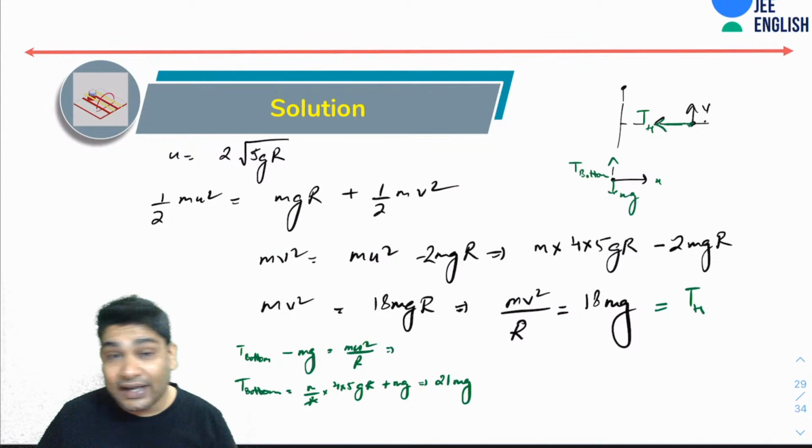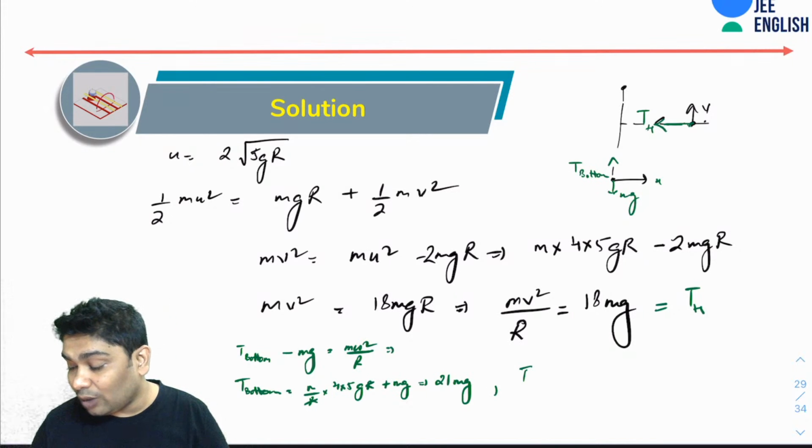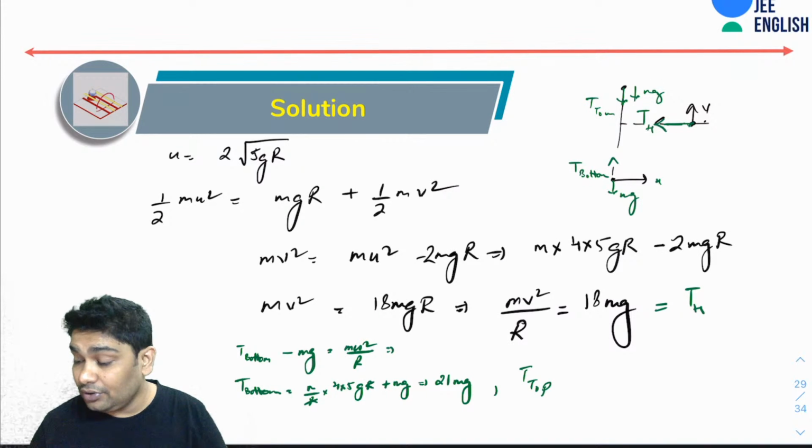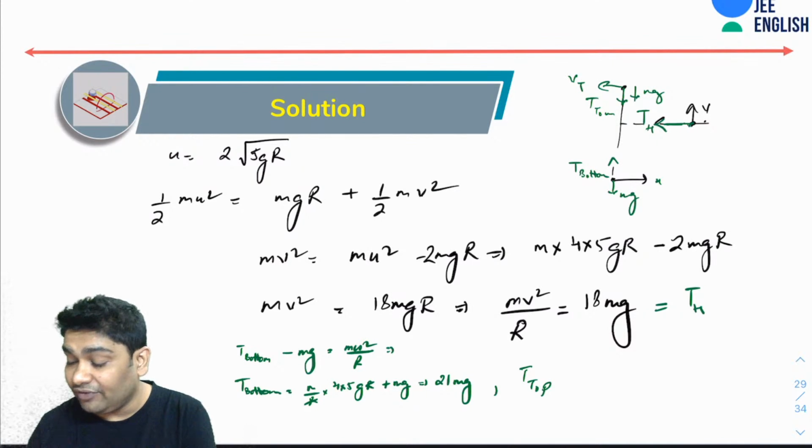Okay. So T at bottom turns out to be 21 mg. Now let's calculate T at top. So at top you would have had tension, you would have had mg, and you would have had a v here. Let's calculate v top.